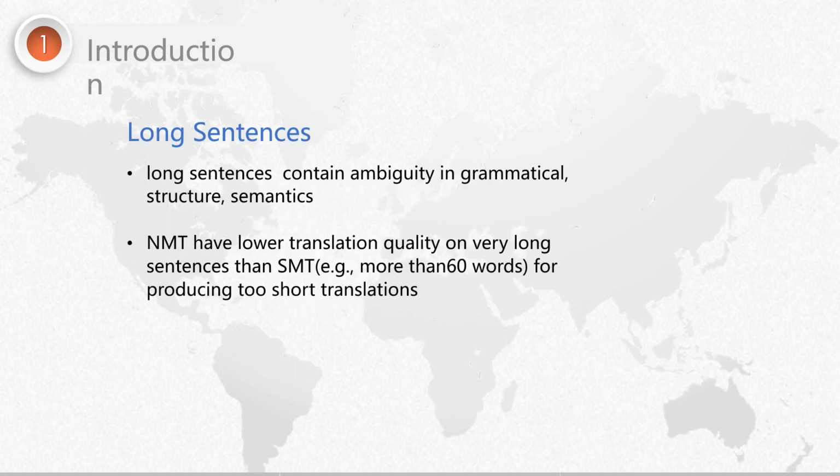Long sentences contain ambiguity in grammatical structures and semantics, and neural machine translation has lower translation quality on very long sentences than statistical machine translation.